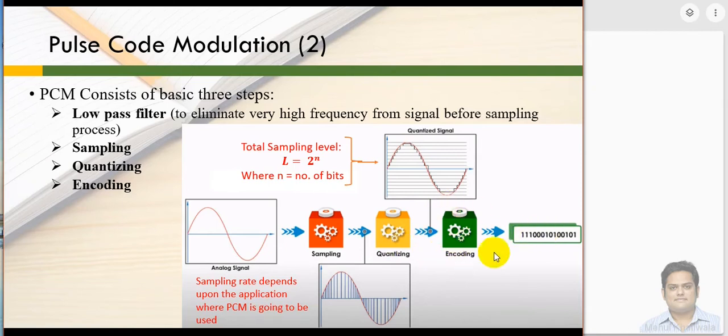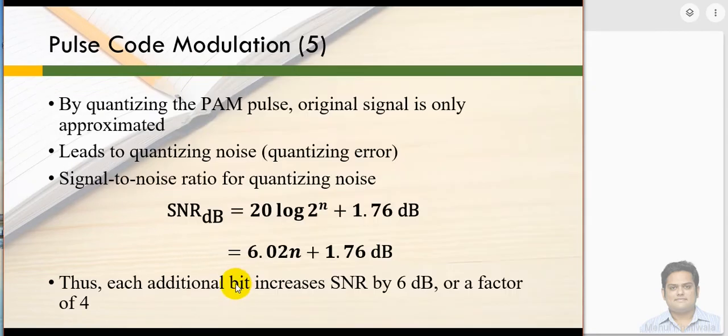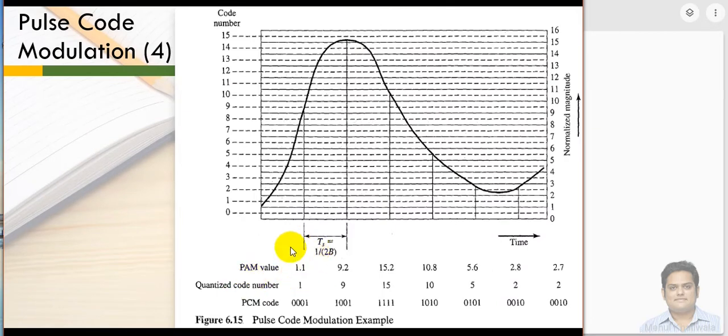For that purpose you need to perform the encoding. How are you going to perform encoding? You identify the quantized code number, and then you give each individual level some value. Level 0 will have 4 bits as 0, 0, 0 and 0. Level 1 will be described by 0, 0, 0, 1.